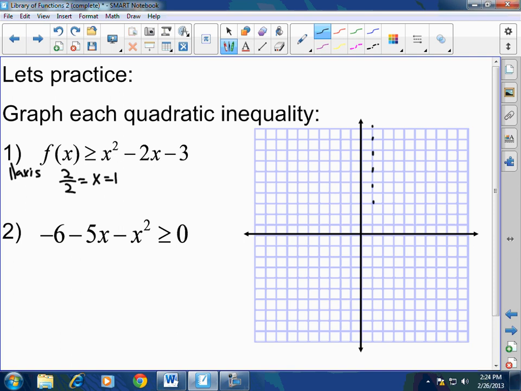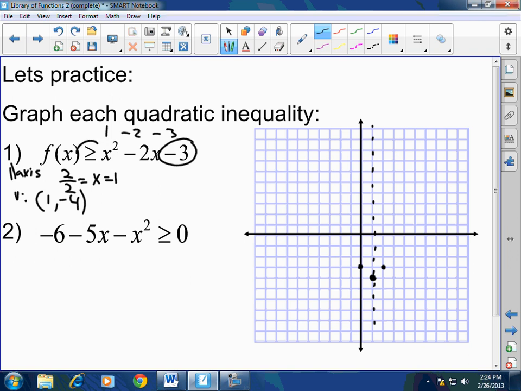So I'm going to make my axis a symmetry. Done. My vertex is going to be 1, comma, so that's 1 squared is 1, minus 2 minus 3, so it's minus 5 plus 1, negative 4. So (1, -4). My y-intercept is negative 3. That's one to the left of the axis, one to the right of the axis.